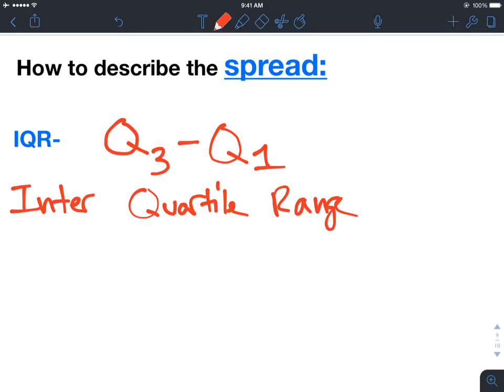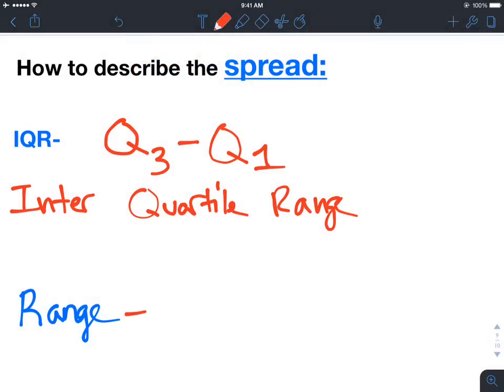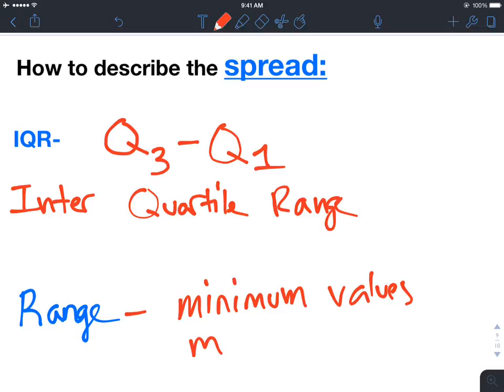So that's the first thing you could do to describe the spread. The second thing you could talk about is the range. And when you talk about the range, usually you talk about the minimum values and the maximum values.